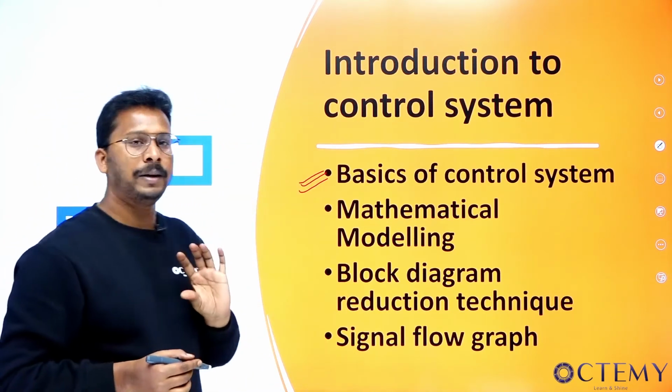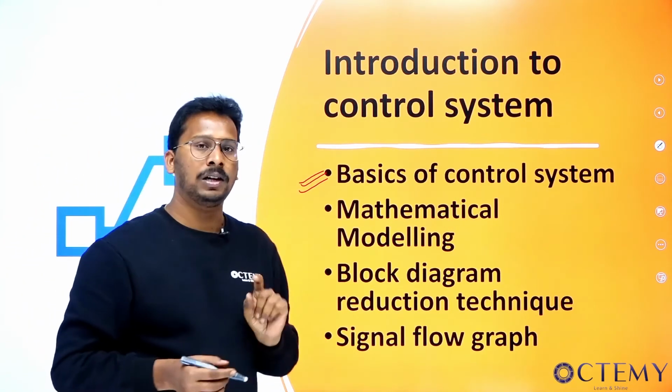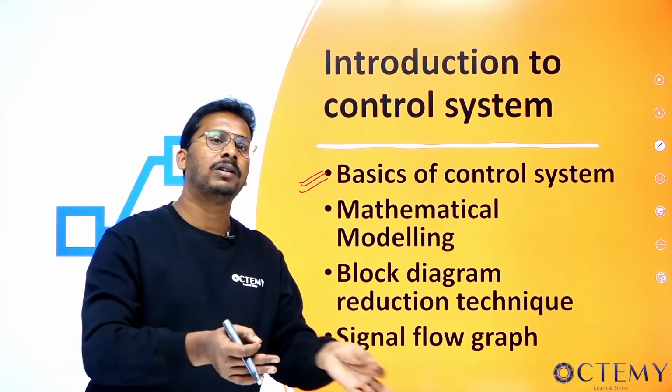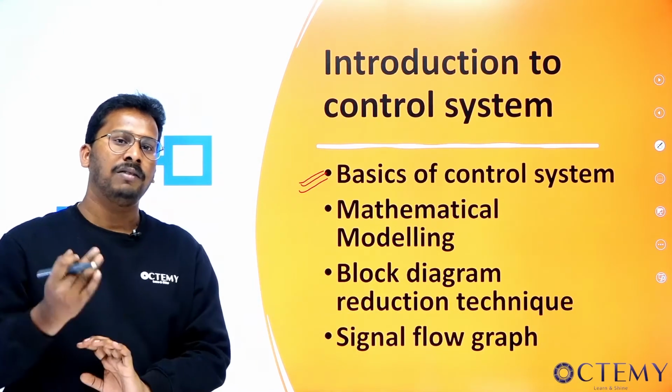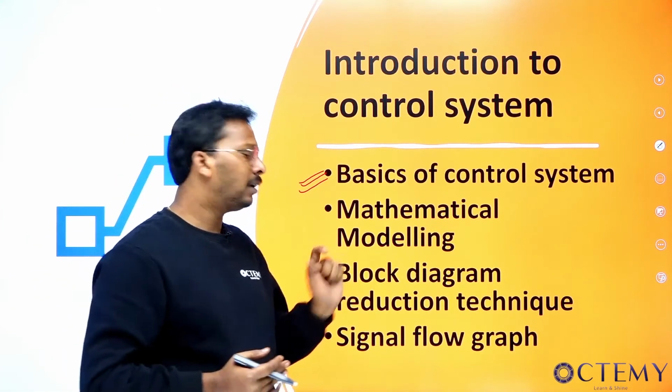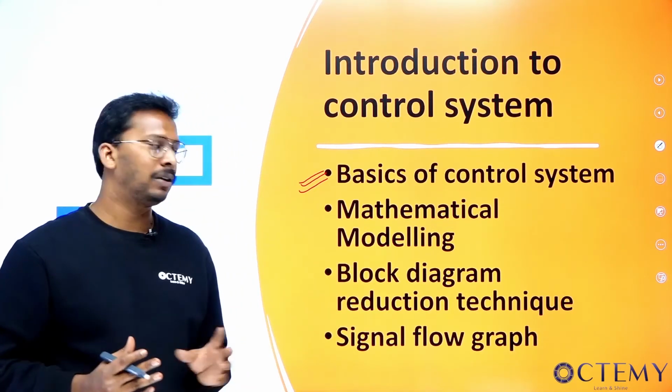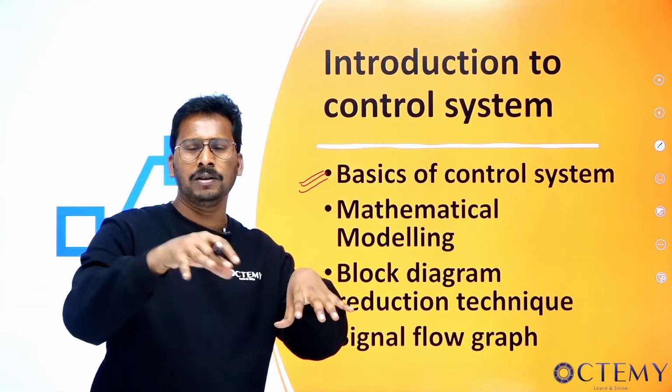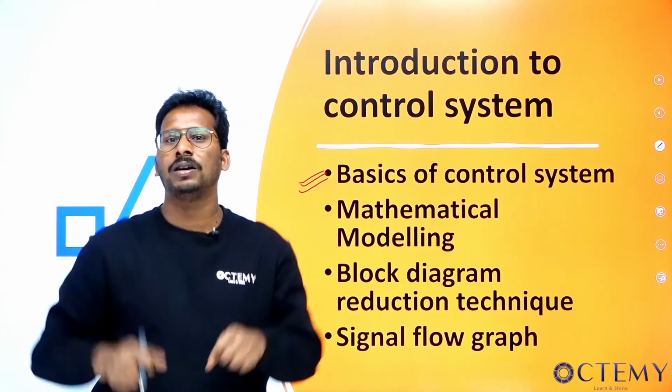Once you understood the basics, then you will go to the mathematical model. That means whatever the system is, you will try to write an equation for it. Once you have written an equation for it, you can start analyzing it, right? Now there can be a combination of blocks, or in a particular system there can be a combination of subsystems.